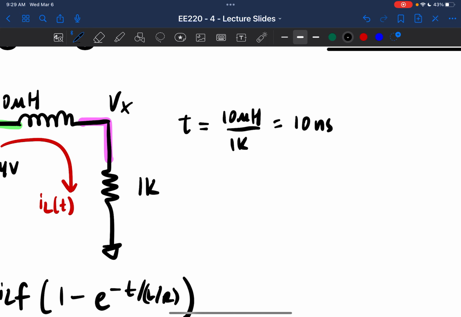It's because Ohm's law says that at any time, V is equal to I times R. So in this case, my Vx of t minus 0 volts is the voltage drop across the 1K, right? That's this voltage drop. So Vx is equal to IL of t multiplied by R, or IL of t is going to be Vx over R, right?